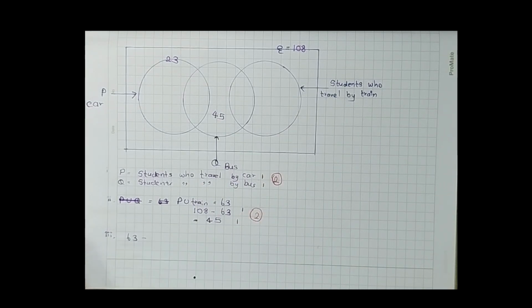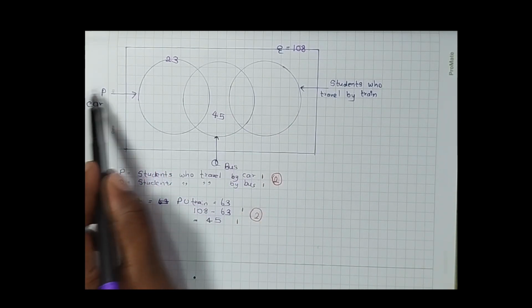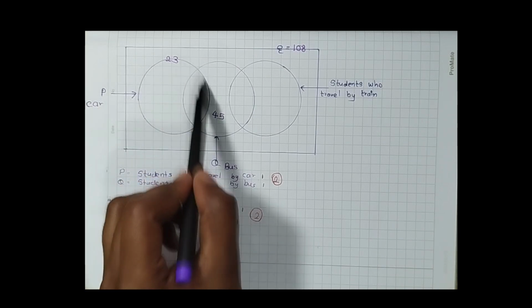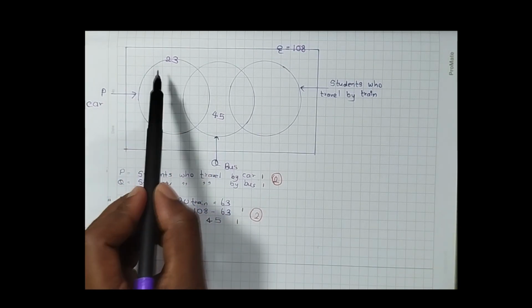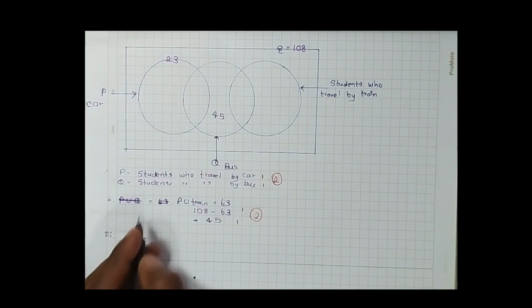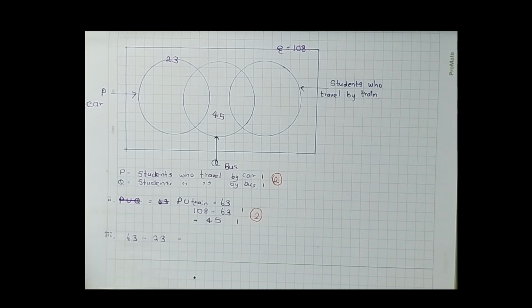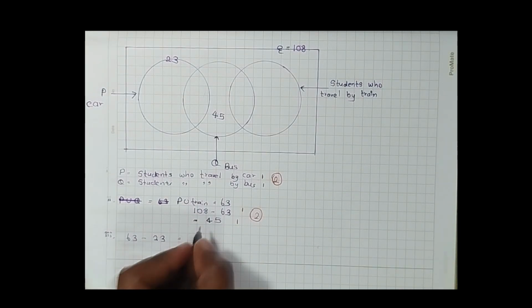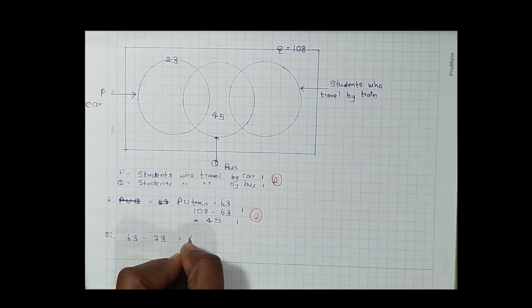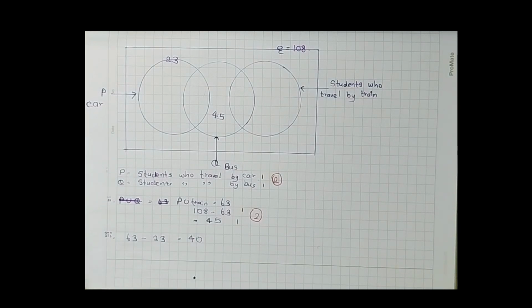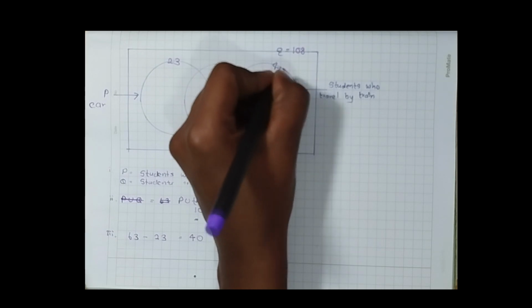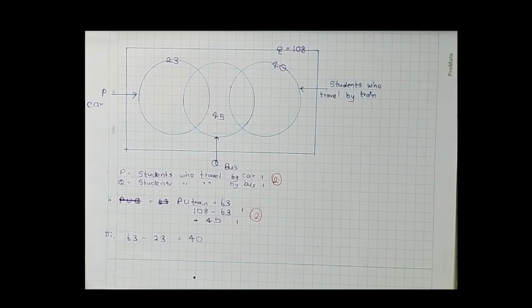Now they have given that the number who travel by car is 23. So we get 40 students. So 40 students travel by train.